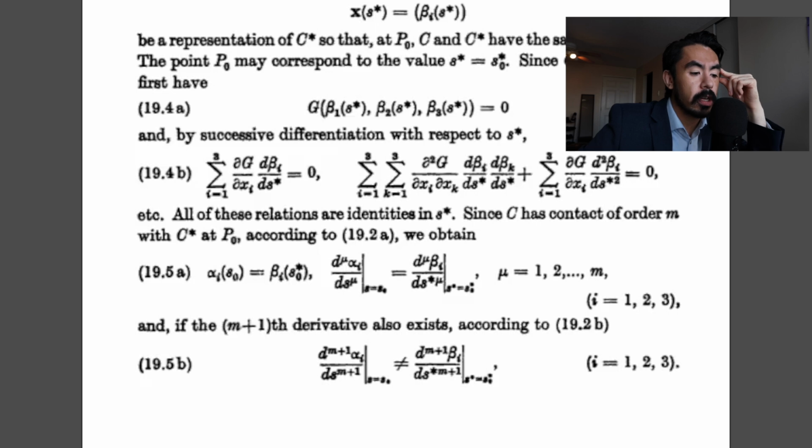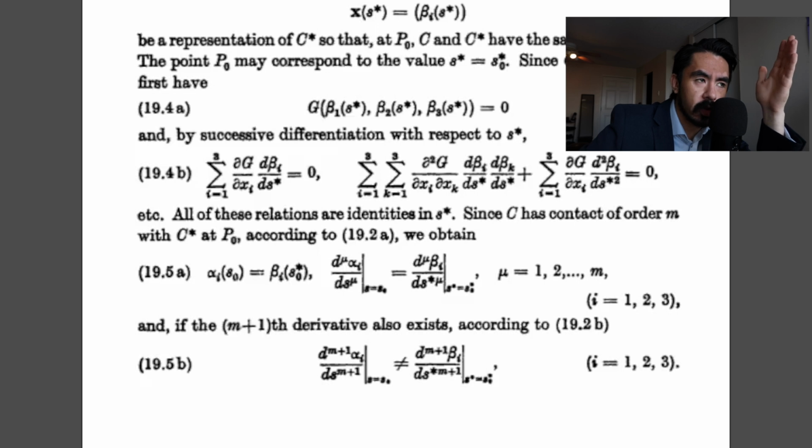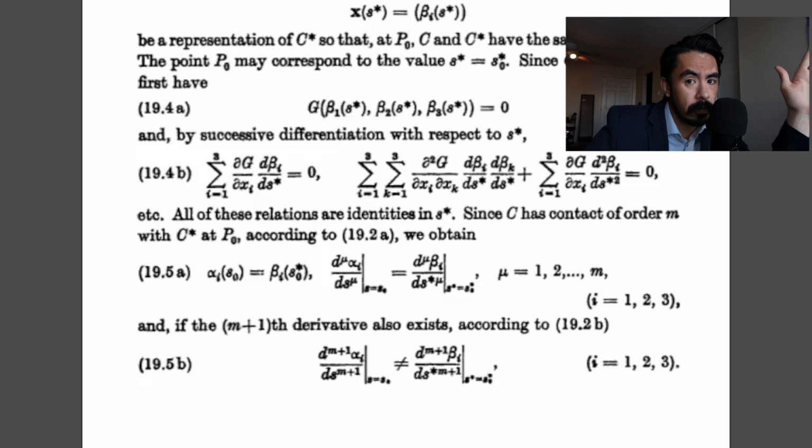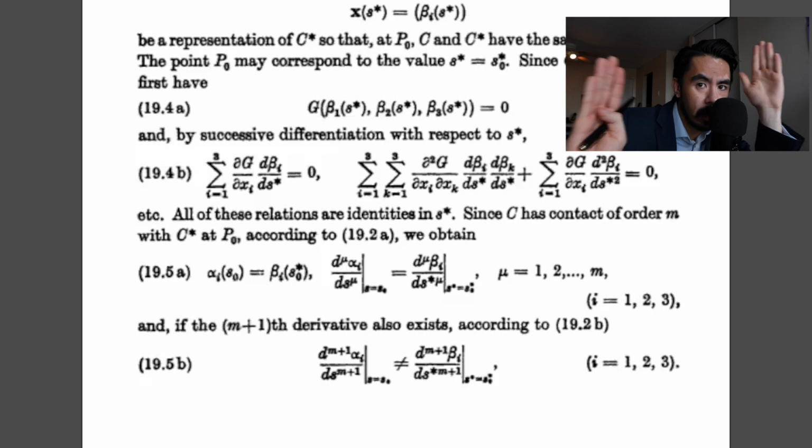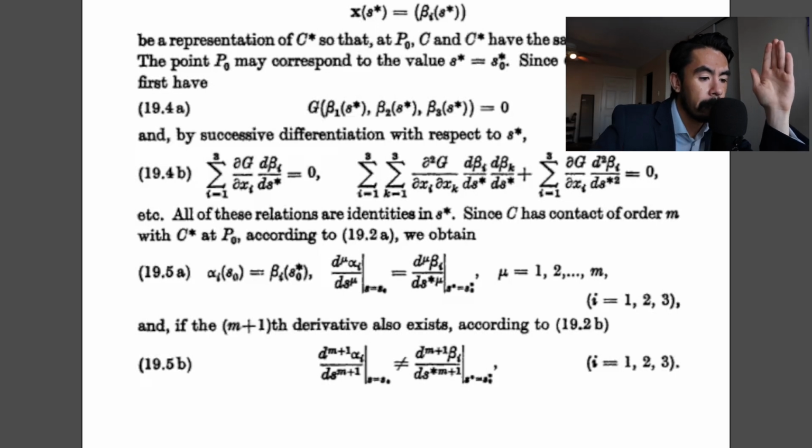And if the m plus 1th derivative also exists, then according to the definition for contact, the necessary aspects of the definition of contact are fulfilled by the curves C and C star, where C star we constructed by the definition of the surface that we were given. So we're playing within the rules of the definition for contact between two curves properly.